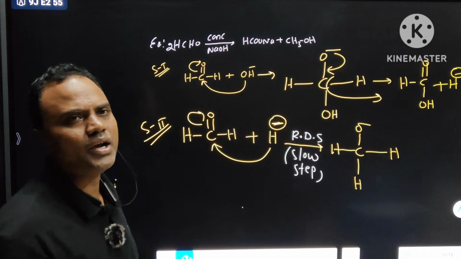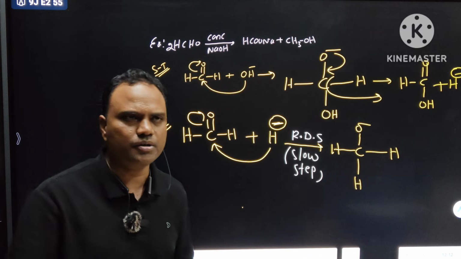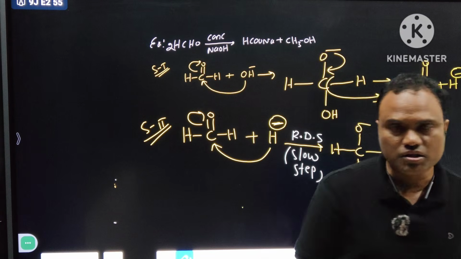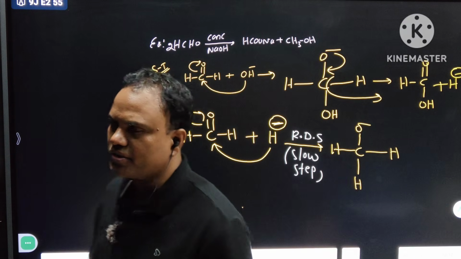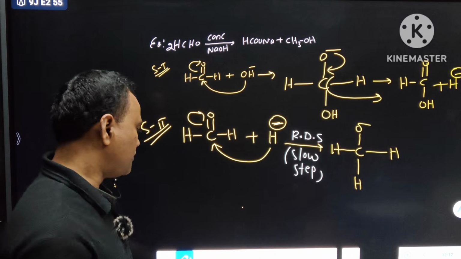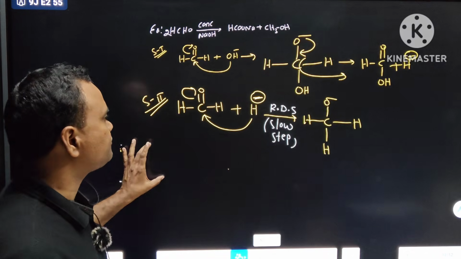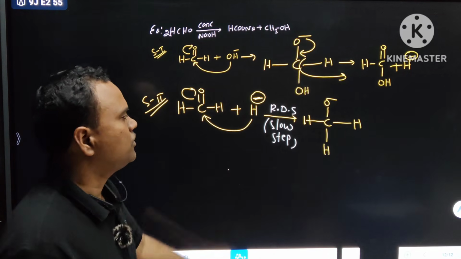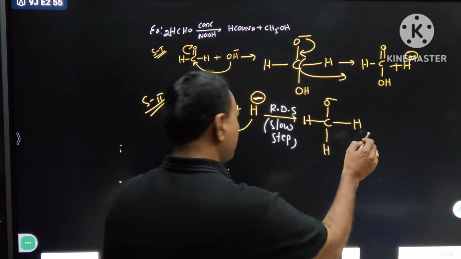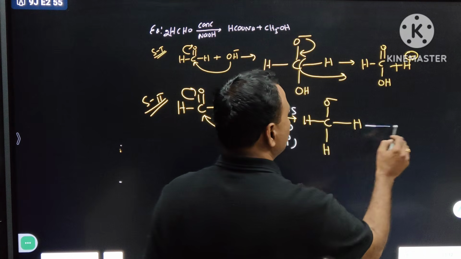In the Cannizzaro reaction, this question will come in the weekend exam: which step is the rate determining step? Hydride ion transfer is the rate determining step. Clear? Right. Now, did we get alcohol? No. What we have to do is protonation.